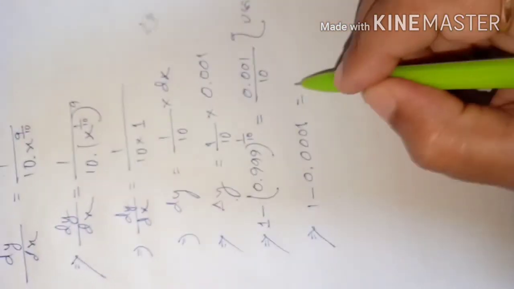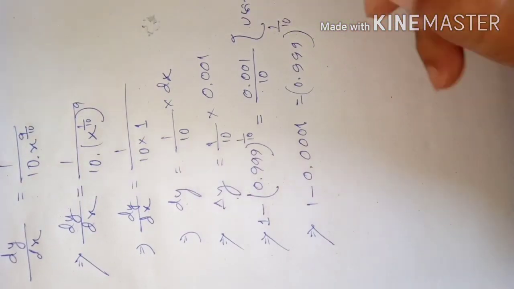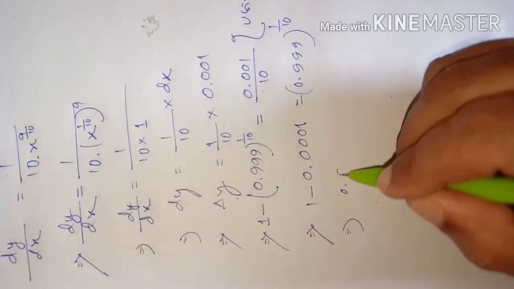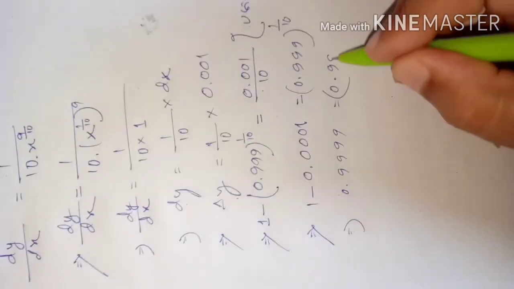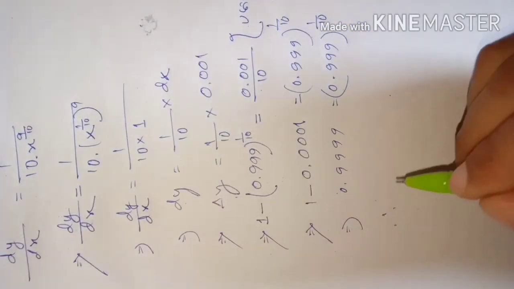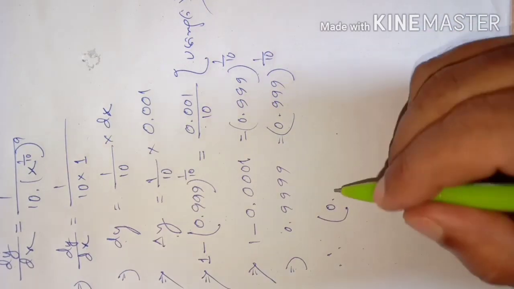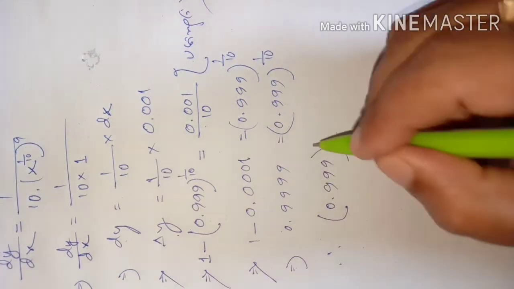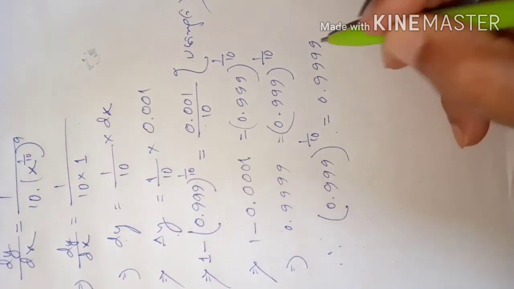It will be equal to 0.999 whole raised to the power of 1 by 10. So we got here 0.9999, that is equal to 0.999 whole raised to the power of 1 by 10. Therefore the 10th root of 0.999 is equal to 0.9999. This is our final answer. Okay dear students.